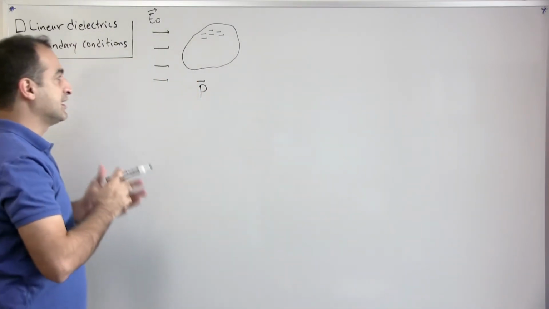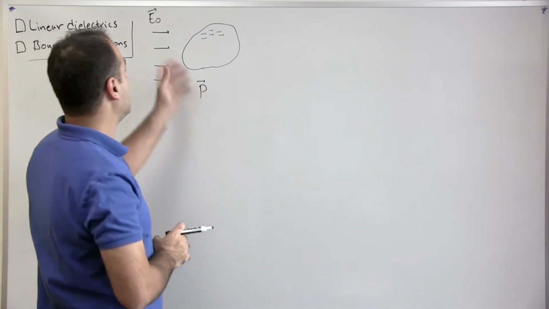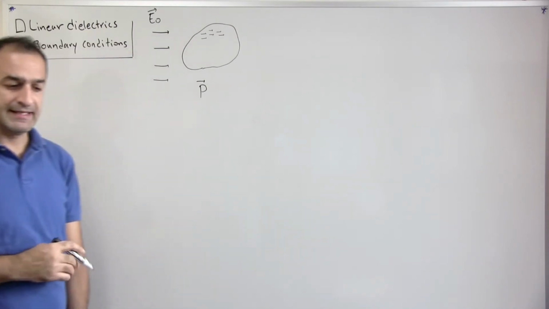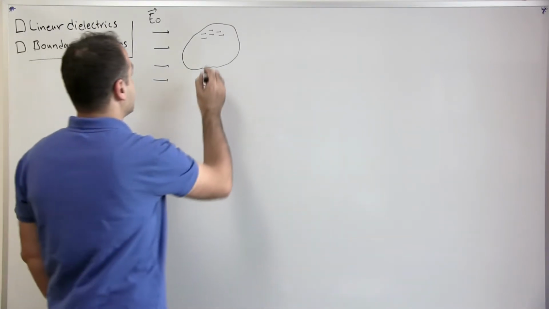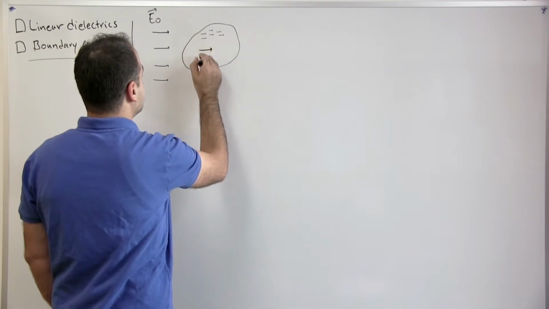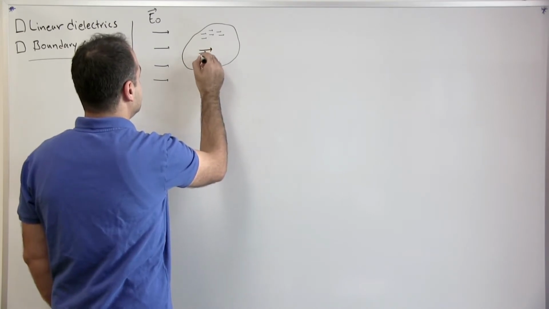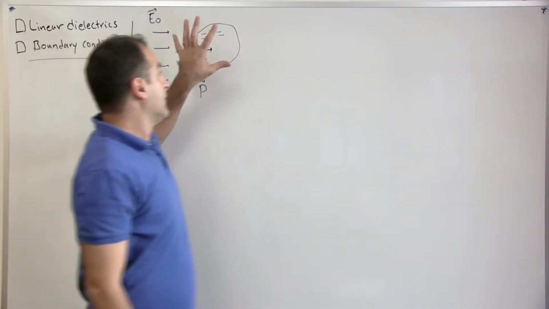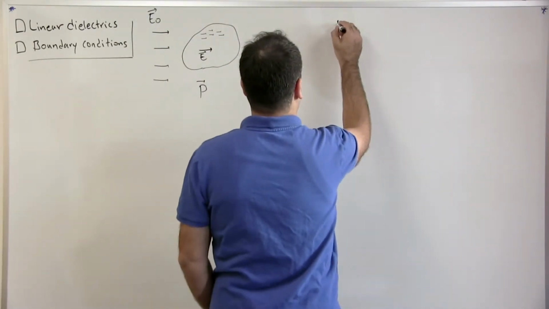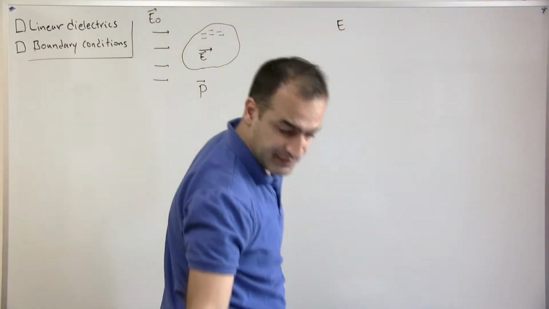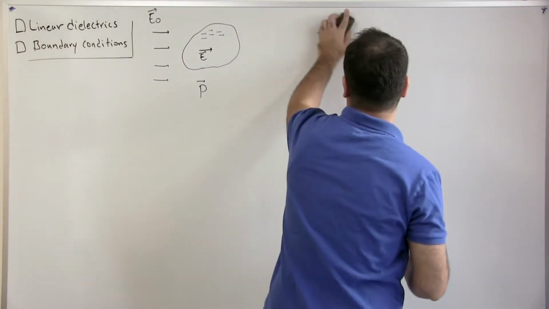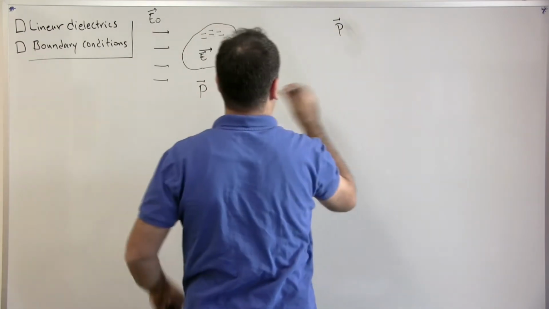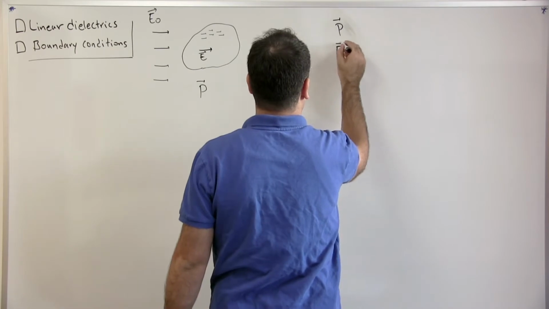It has direction, it has a strength, and that depends on how much electric field we are exerting on this material. Okay, and then we said one question we are trying to answer is, what is the electric field? I call that E inside this material. So focusing on this dielectric, we have first of all a polarization, that is the result of the electric field from outside, and then we have the electric field inside.